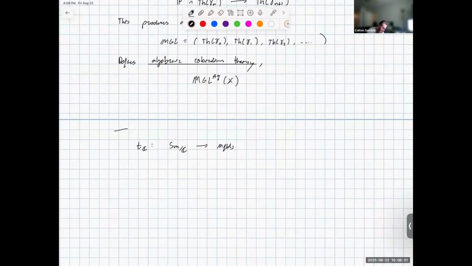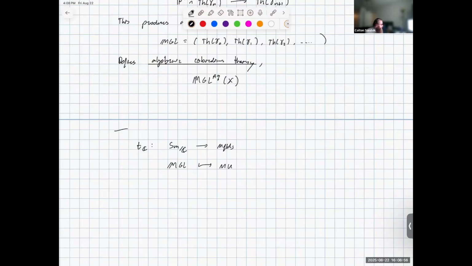Well, it takes the spectra to the topological cobordism spectra that we defined earlier.